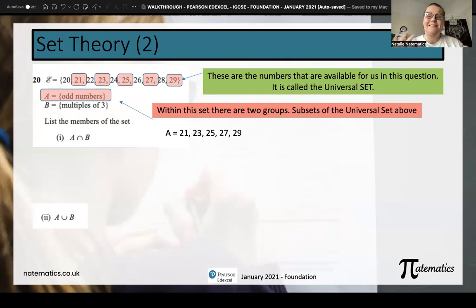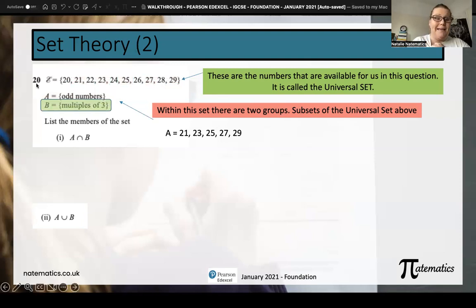I always think it's a good idea, even though it's not specifically asked, to list the numbers in A anyway, so that you know what is available to you. That will help you later on. Multiples of 3 would again be only from here. If we go through, they are 21, 24, and 27. I'm just going to pop them there.